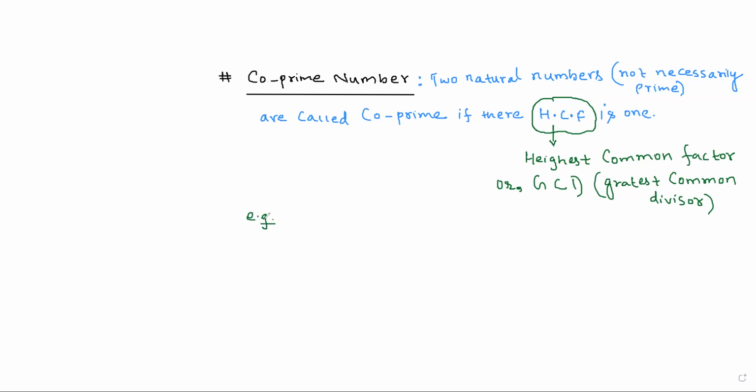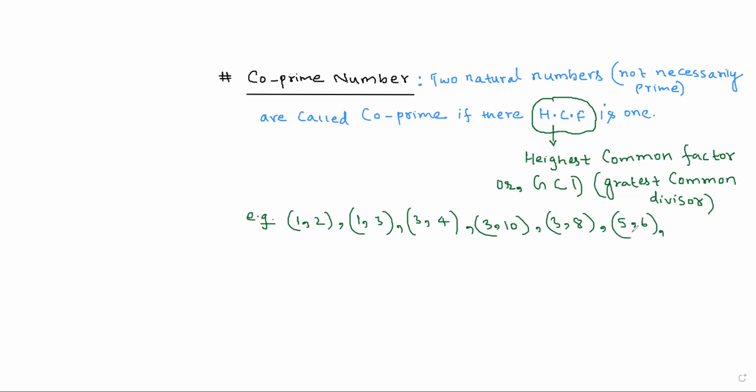Here a fundamental example is, let's say, 1 2, 1 3, 3 4, 3 10, 3 8, 5 6, 7 8, 15 16, etc. All these pairs are co-prime because their HCF will be 1.